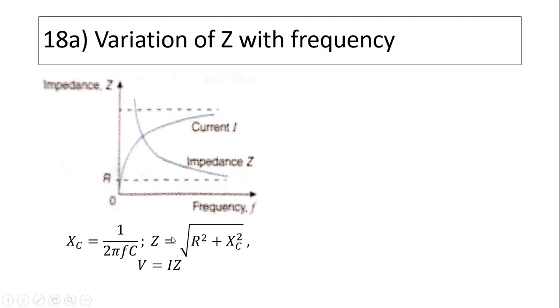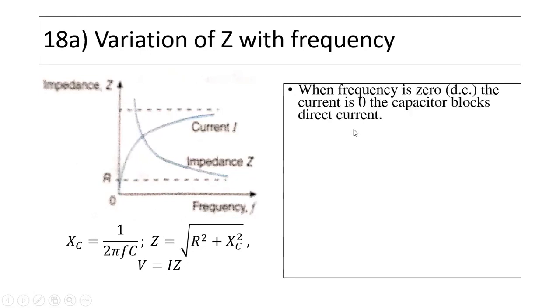Your current, your Z. You can see that as your frequency increases, your XC decreases, so the Z goes this way. And then from here, we can get our I, which is V divided by Z. Okay, I think we follow the note here.